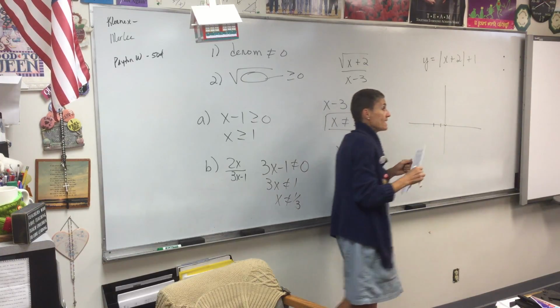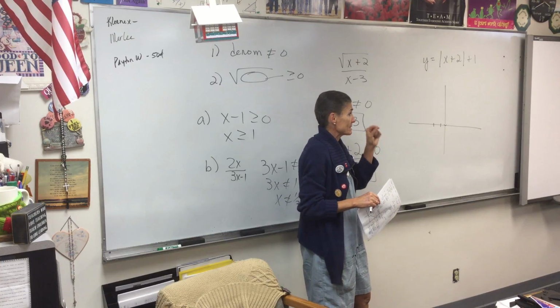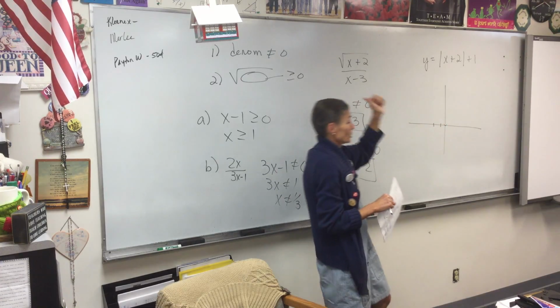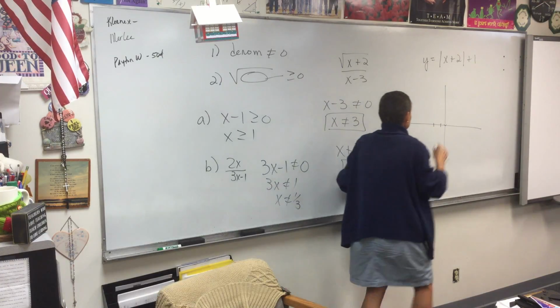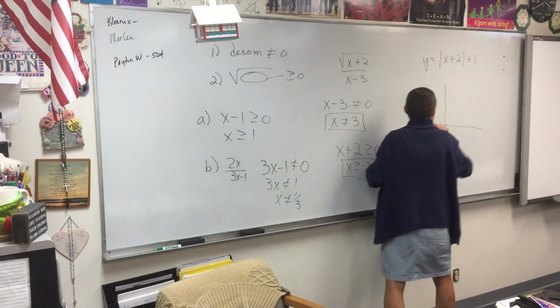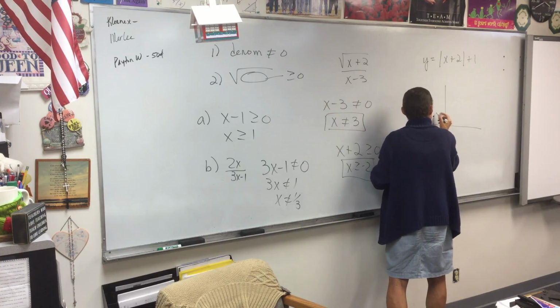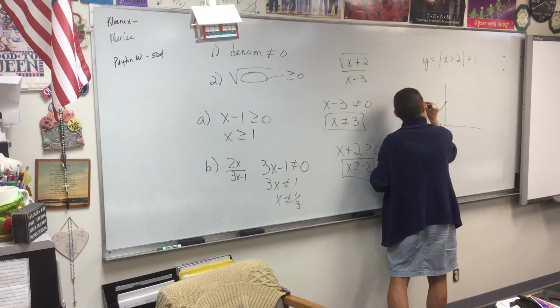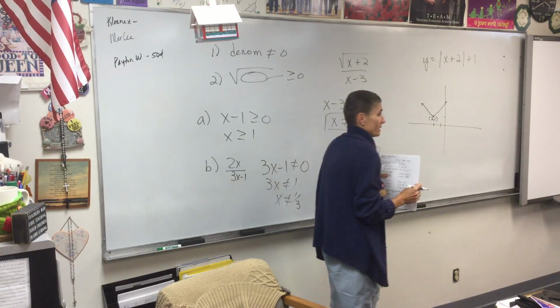Remember, when it's hooked to the x, it does the opposite. So since it's x plus 2, we're actually going to back up. What does this extra plus 1 on the end do? You're going up. It's going up 1. So you have a V that's over 2 and up 1.